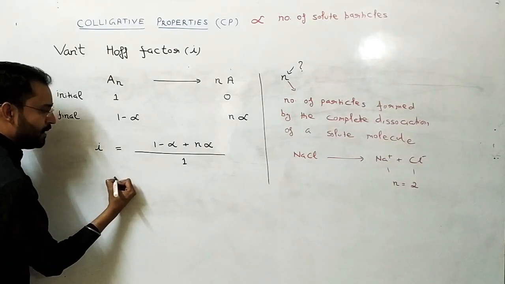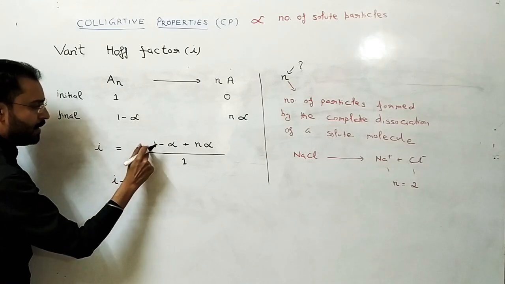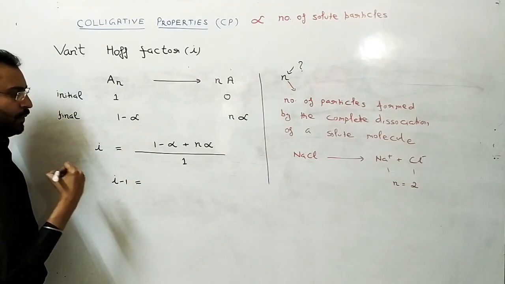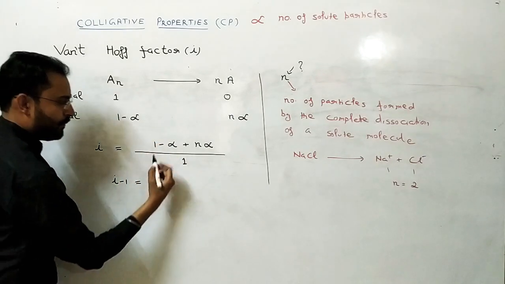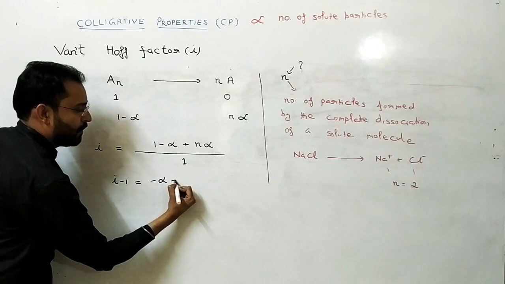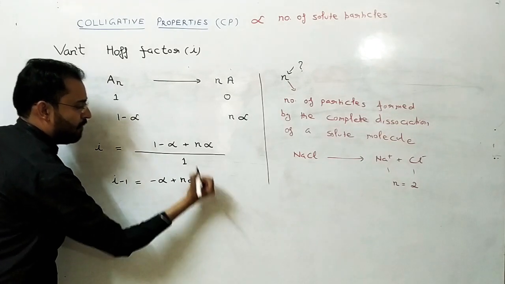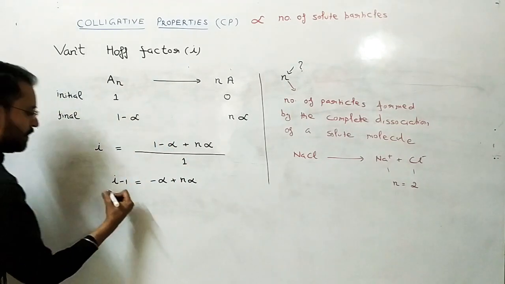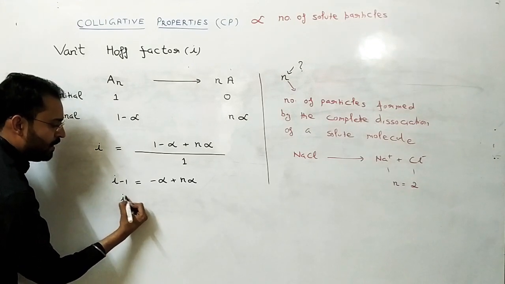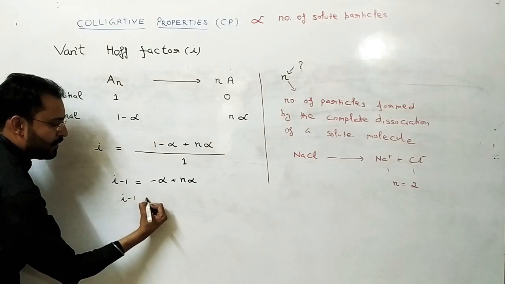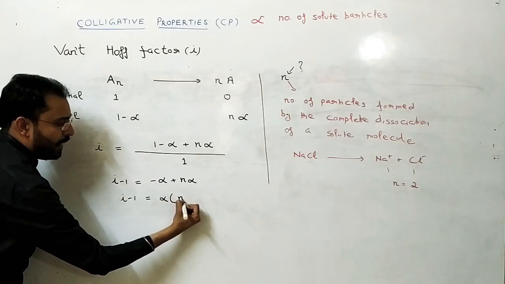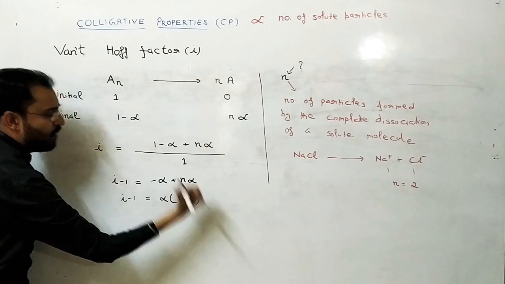So i minus 1 is equal to minus alpha plus n alpha. i minus 1 is equal to, taking alpha common, alpha times n minus 1.